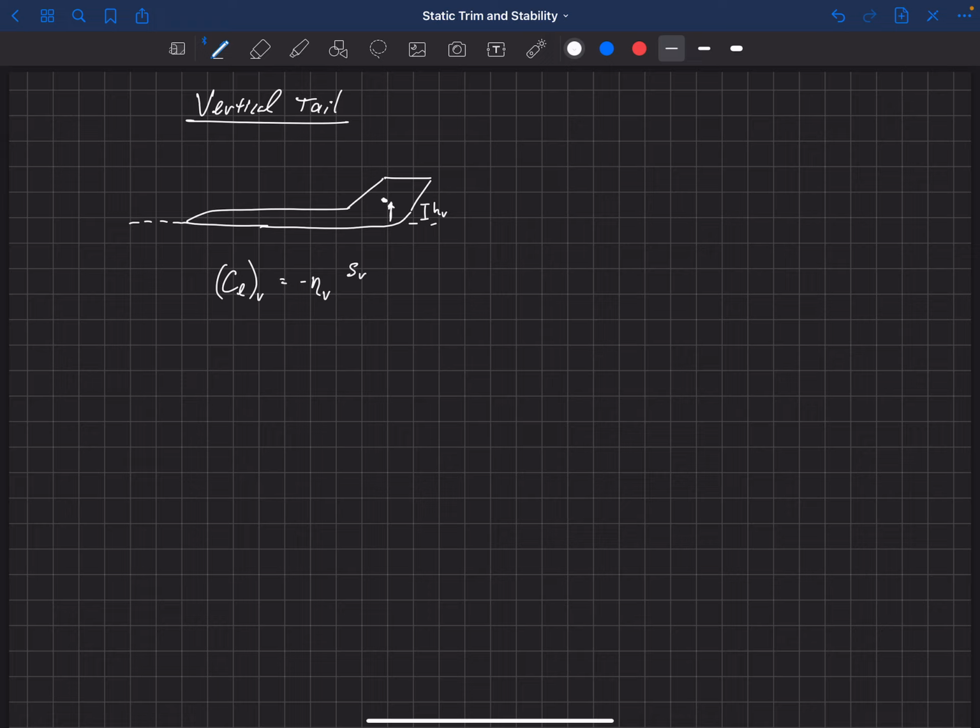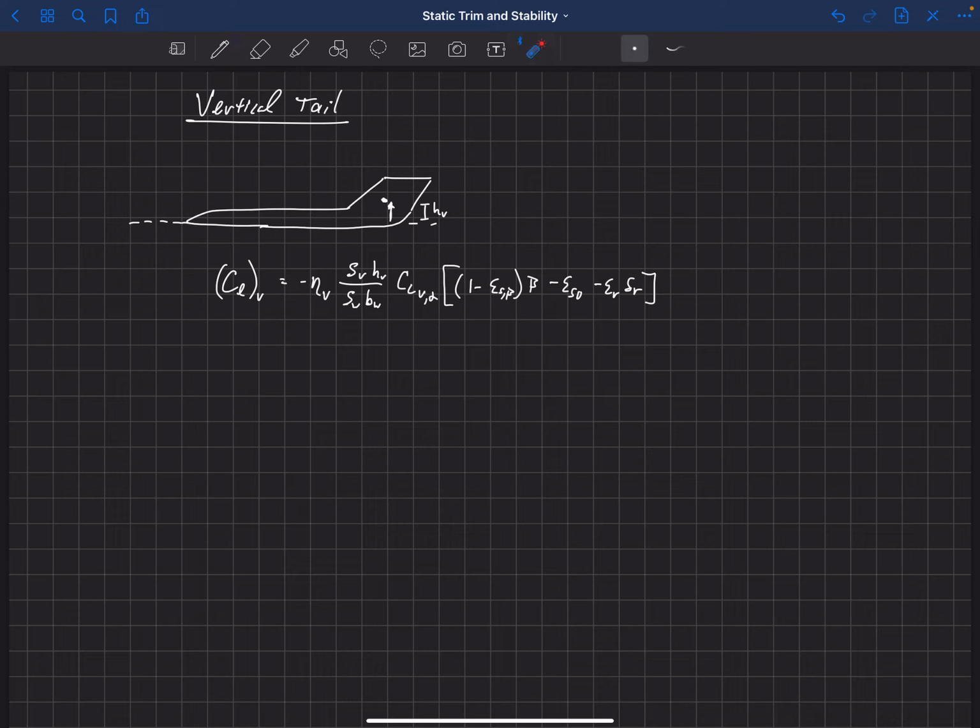But we'd have SV, HV over SW, BW times the lift slope of the vertical with respect to alpha, multiplied by 1 minus epsilon s comma beta times beta minus epsilon s naught minus epsilon r delta r. Okay, so this is just an equation for the rolling moment due to the lift on that tail.